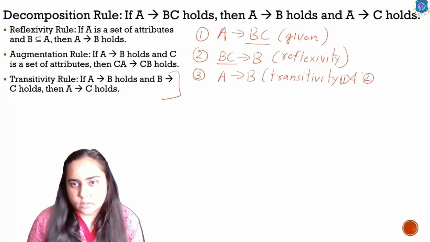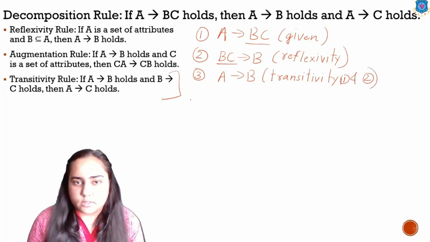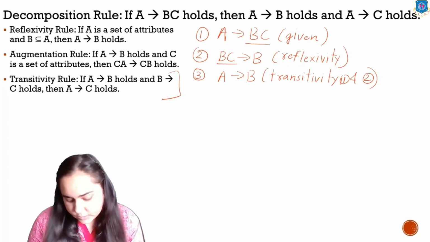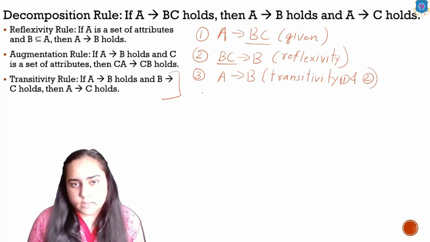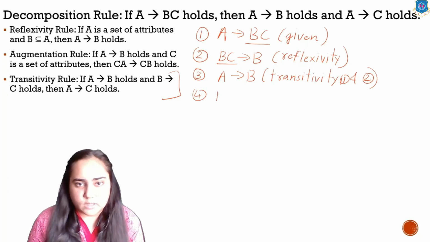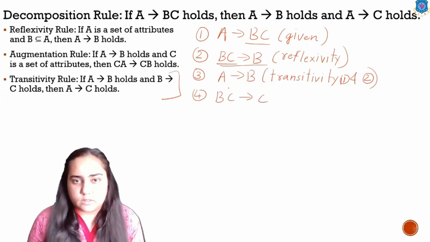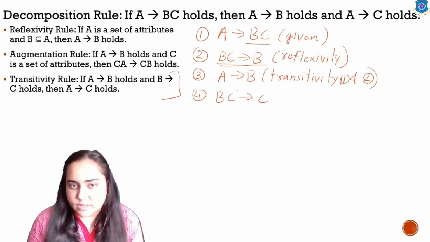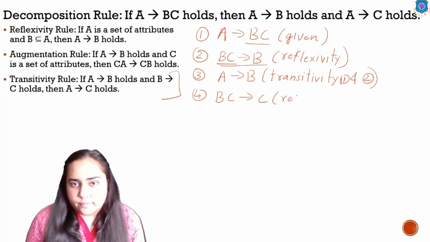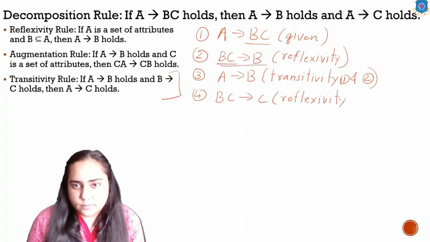Sorry for that. Yes, between 1 and 2. So this is transitivity between 1 and 2. And of course, you can do the same again, make your own dependency and write down BC determines C, just like you wrote BC determines B, because why not? If BC determines B, BC can also determine C. So this is once again the reflexivity rule in action.